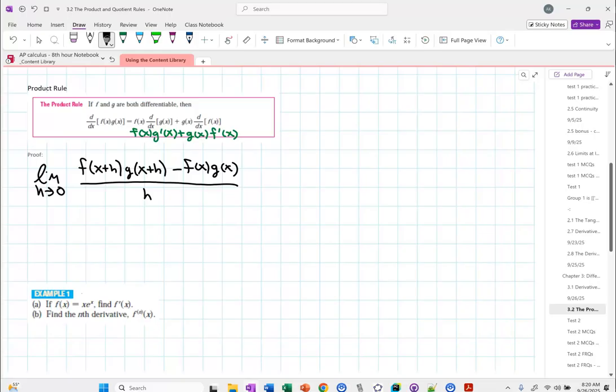So my trick, what I'm going to do here is I'm going to add and subtract the same thing inside of this fraction. I want to do minus here.